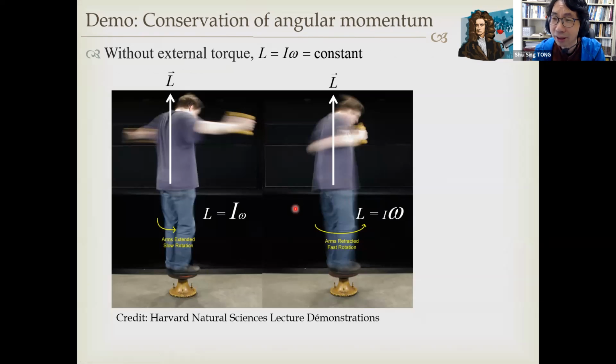Although I cannot show you now, because due to the pandemic we cannot have a face-to-face lecture. But that is a common demonstration. Actually, I have shown you a similar demonstration when we played around with Xiu Fei in the video in the previous lecture.